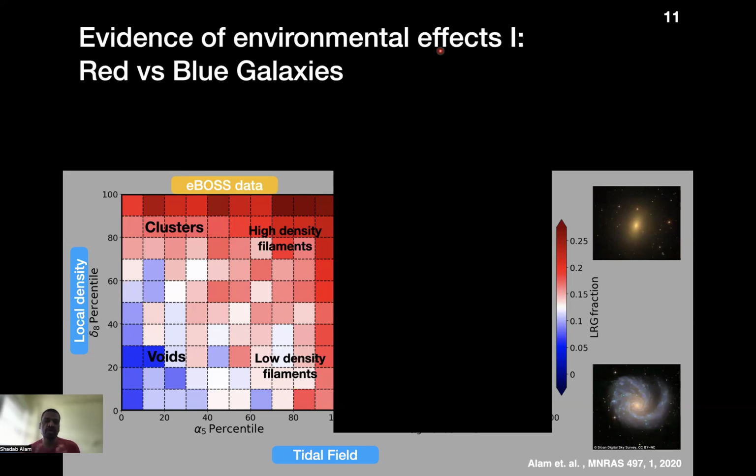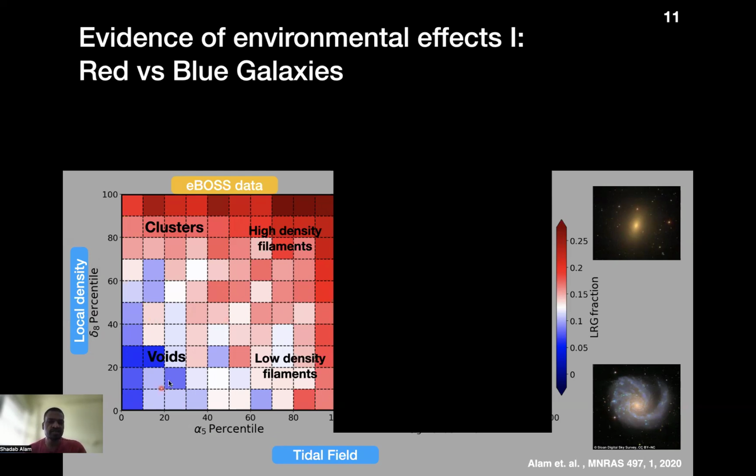If you take that sample of galaxies and divide them as a function of overdensity and tidal anisotropy environment on the two axes, and look at what fraction of galaxies are red as a function of these environments, then this is what we found in the data.